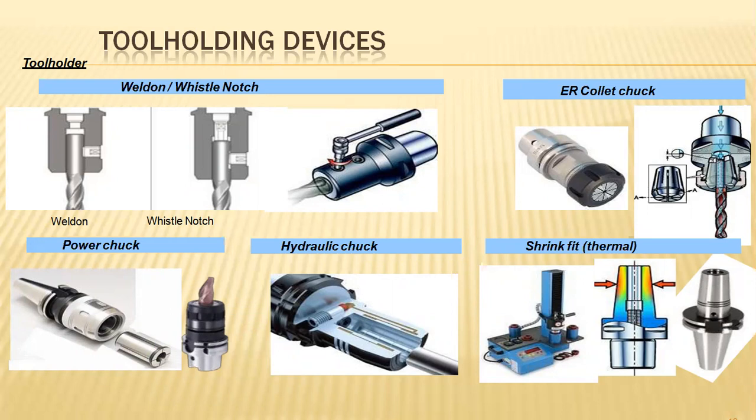Among the nominal tool holders, there is a Weldon or whistle notch type of holding devices as represented clearly in the pictorial representations. These are the Weldon types where the complete spherical orientation body will be fixed in the chucks and progress of work will be getting taken place.